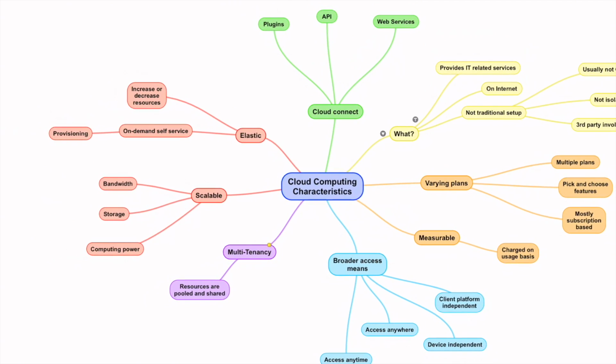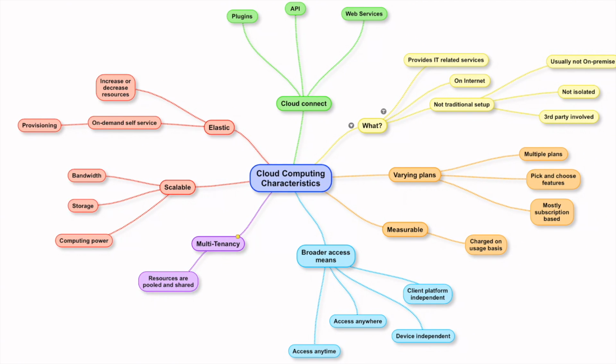So this sums up what information I have about cloud computing, the characteristics. I have not covered the different models or the different environments which are available on cloud. I will take it up in a different video.